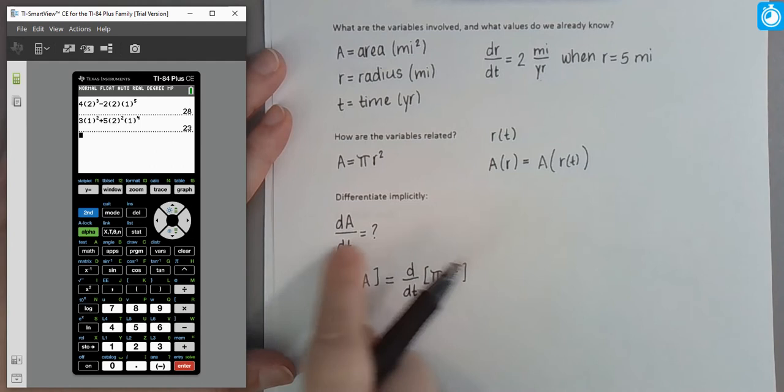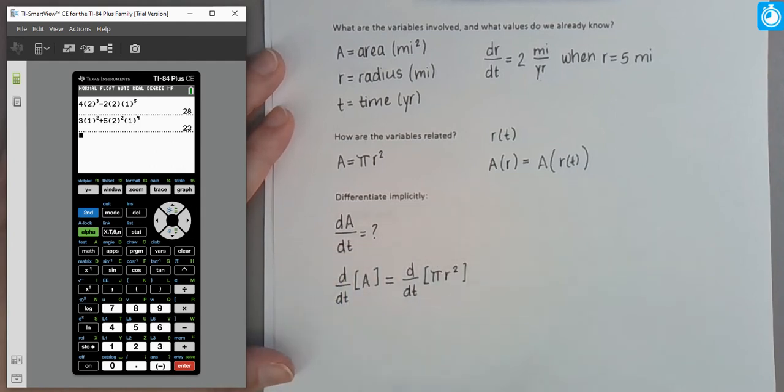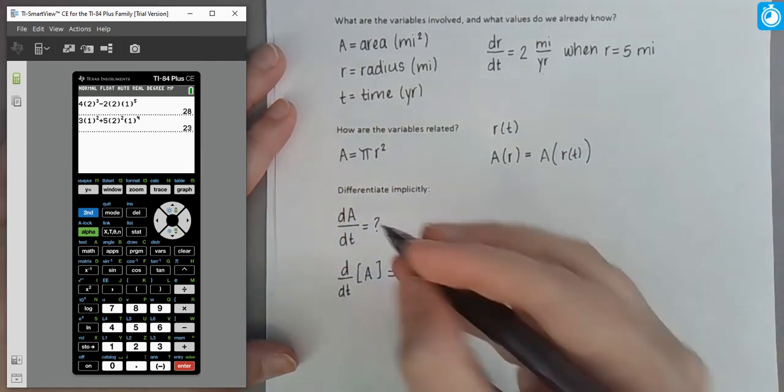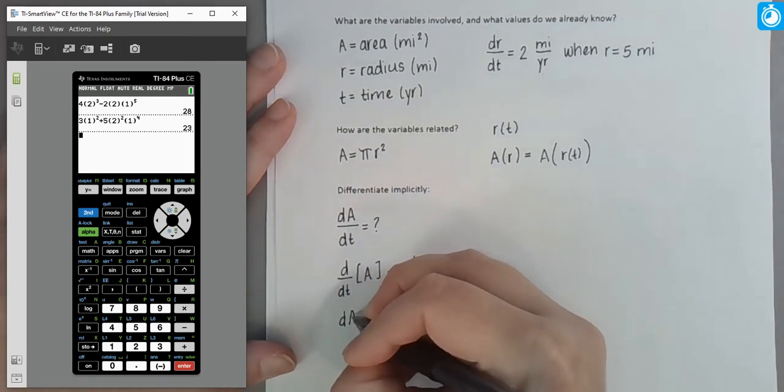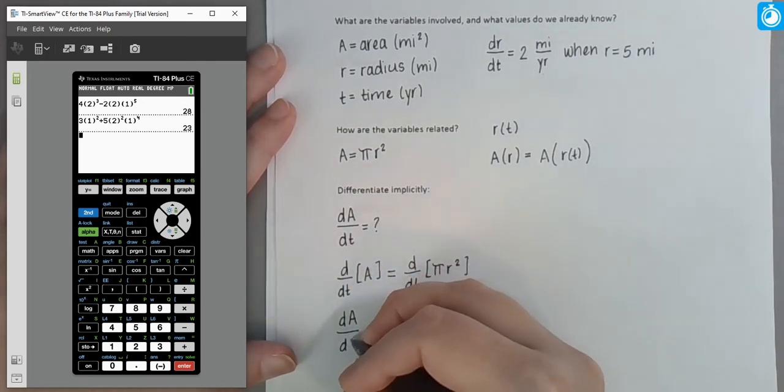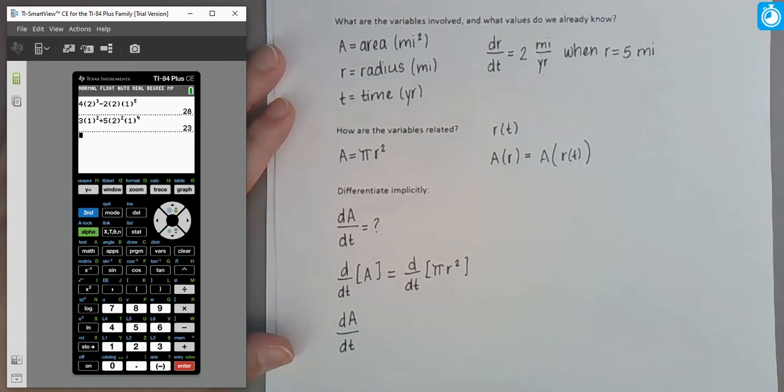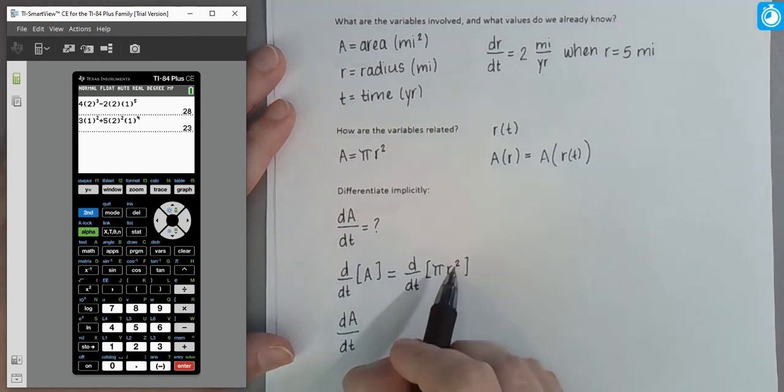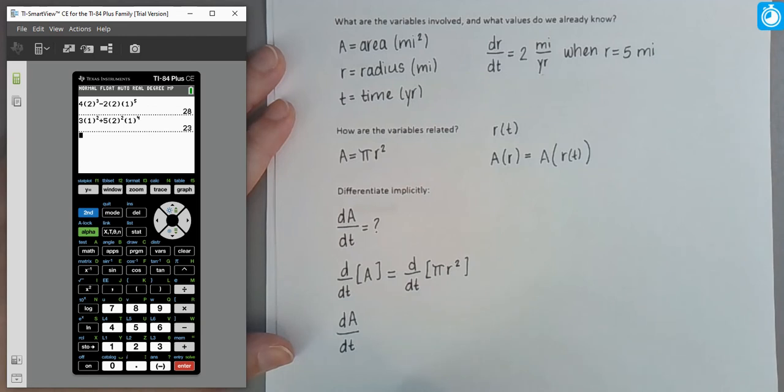Now what's going on on the left-hand side? Well, on the left-hand side, we just have dA/dt. We could plug in pi r squared, but we don't have to because it's already over here. So over on the left-hand side, we've just written an expression for the quantity in question, the derivative of area with respect to time. Now on the right-hand side, that's where we're actually going to have to differentiate. And think of t and r just like we thought of x and y.